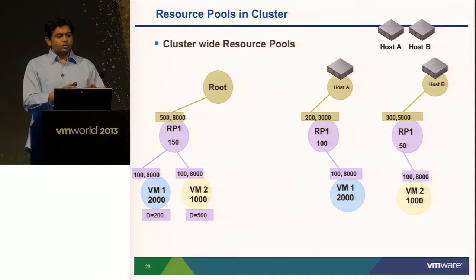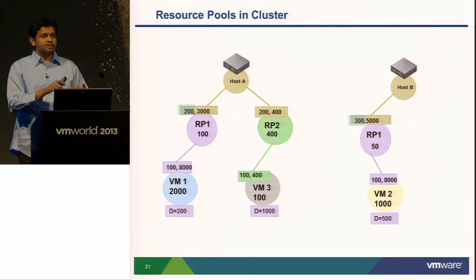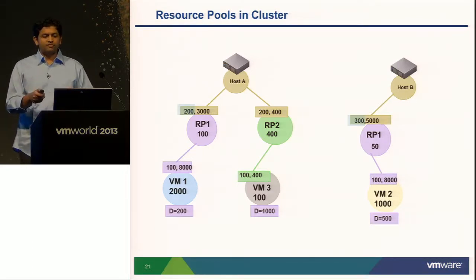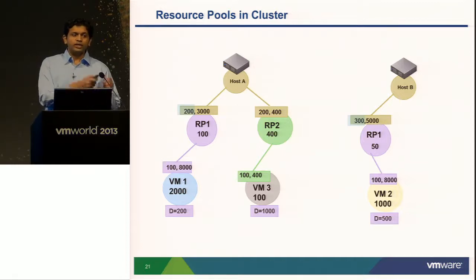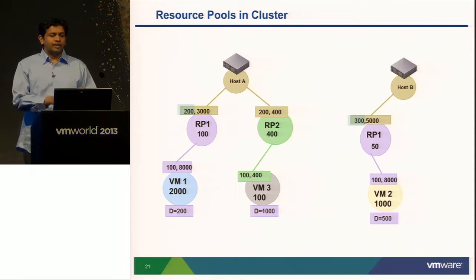Now, DRS also splits the reservation and limit. In this example, the reservation is 500 and the limit is 8,000. DRS splits them by taking into account the reservation, limit, shares, as well as the demands of the VMs. So if VM1 is totally active and VM2 is totally idle, then VM1 can get the bulk of the 500.